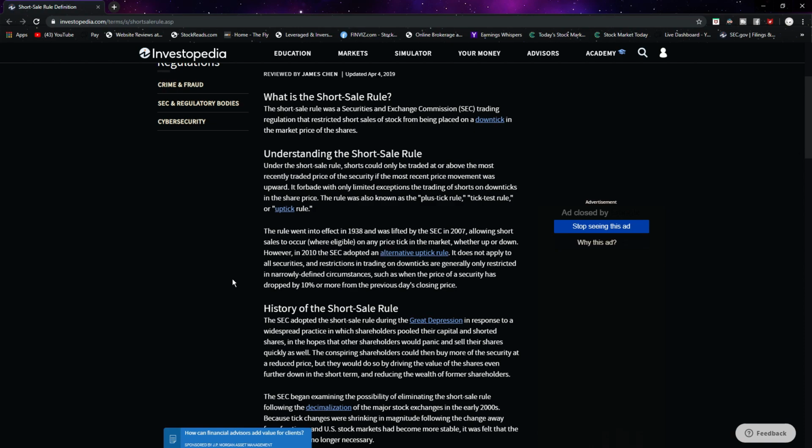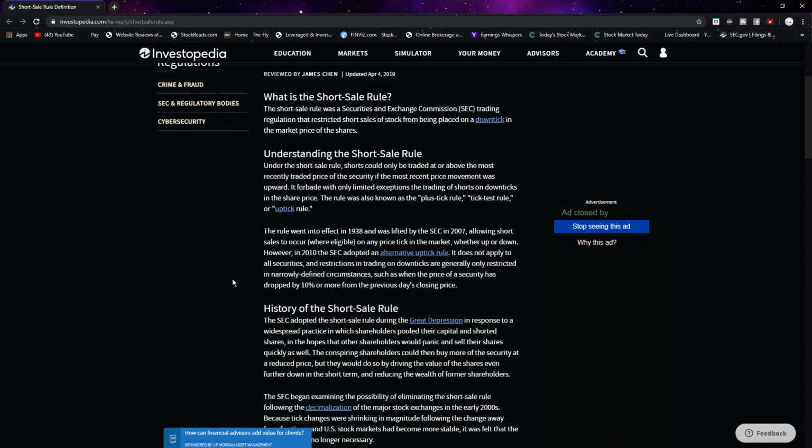The rule went into effect in 1938 and was lifted by the SEC in 2007, allowing short sales to occur where eligible on any price tick in the market, whether up or down. However, in 2010, the SEC adopted an alternative uptick rule.